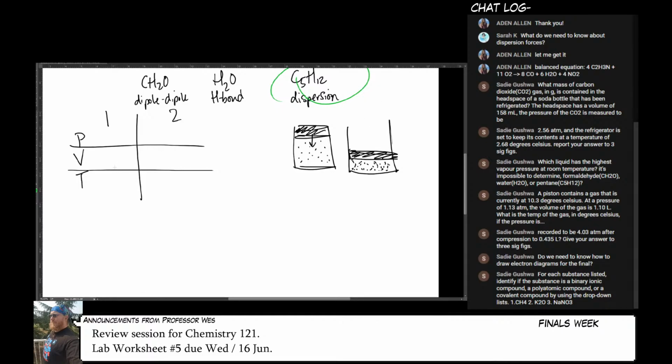The initial temperature is 10.3 degrees Celsius. Initially, its pressure is 1.13 atm, and its volume is 1.10 liters. And I want the temperature of the mixture after, if the pressure is then 4.03 atm, and its volume is 0.435 liters.